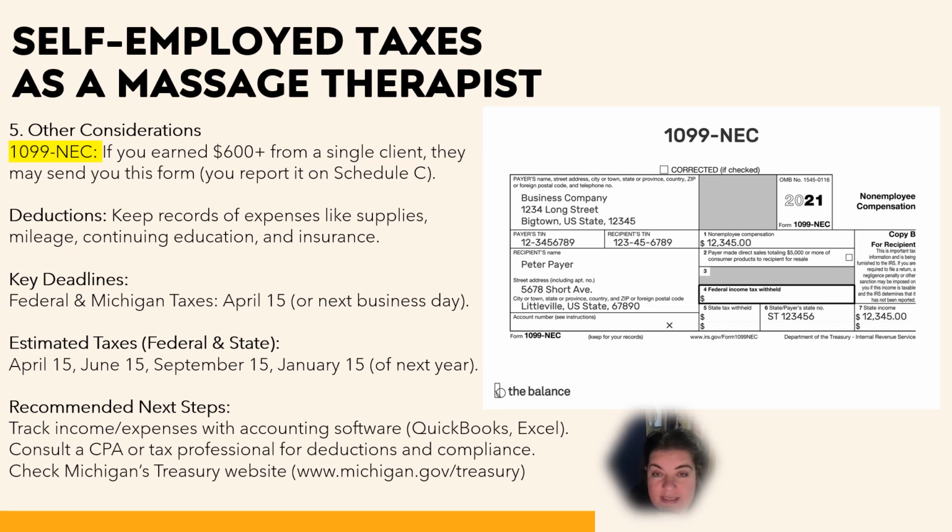You might receive a 1099K if you did anything for side income, like if you were working for a place like Upwork or something, maybe designing or selling courses or classes on massage therapy or aromatherapy, that type of thing. These are all various forms of 1099s that you will potentially have to report on your Schedule C as income as well.